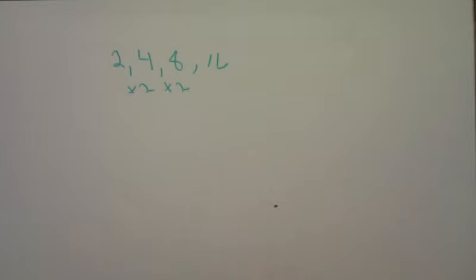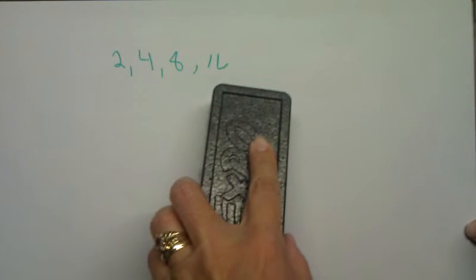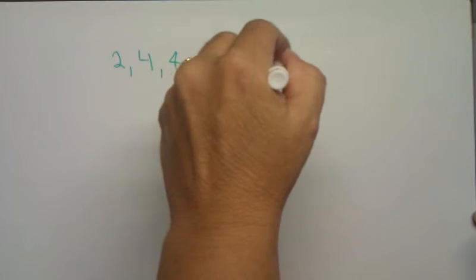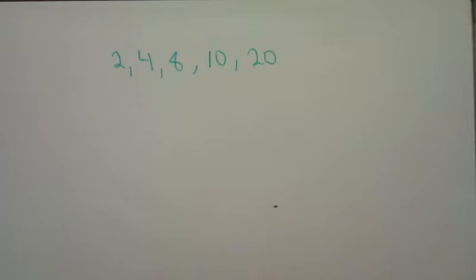What would the pattern be if an experiment showed the 4th term to be 10 and the 5th term to be 20? If we showed that these are the next two numbers, then it would have to be times 2, right?